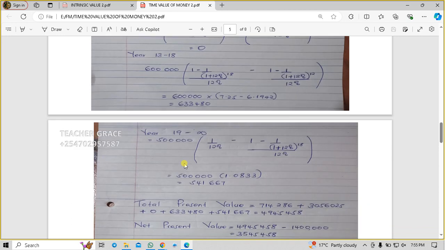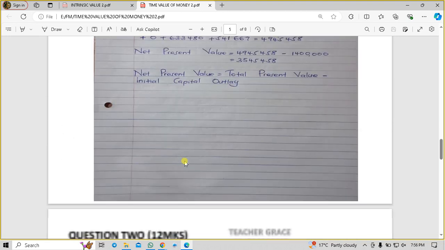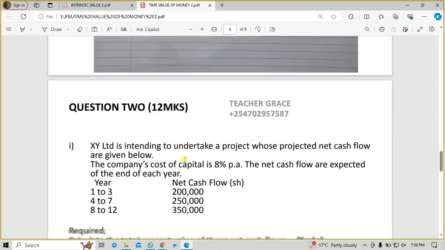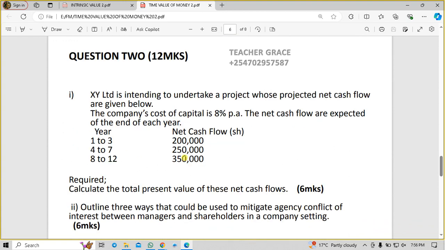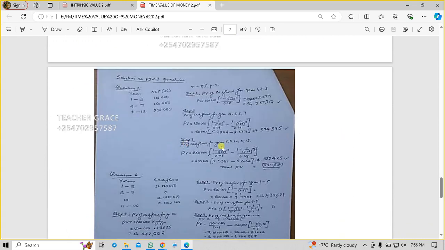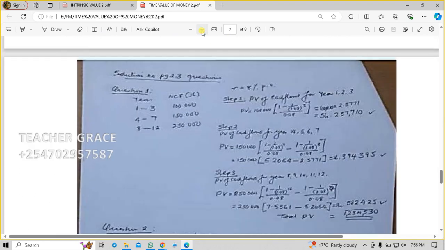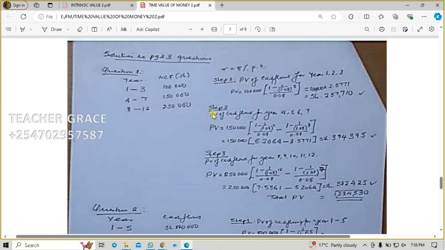So we can look at another example, then we do a question. I think we can do that question. This one is a bit tiny, but I hope you can be able to see something.